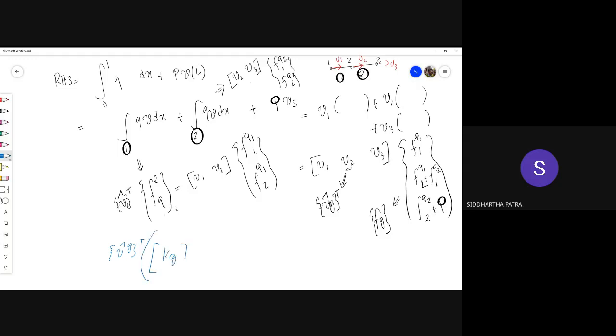The global stiffness matrix times the global U hat minus the global force vector equals 0. Again, it's a dot product. And if you think in terms of the coefficients of v1, v2, and v3, actually you'll be having 3 equations.